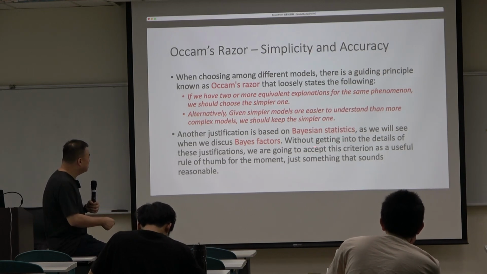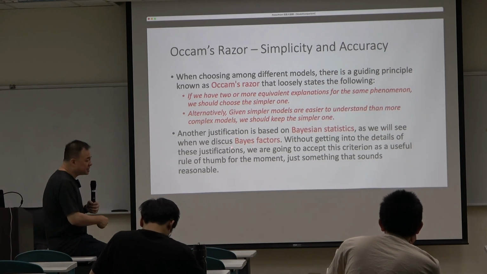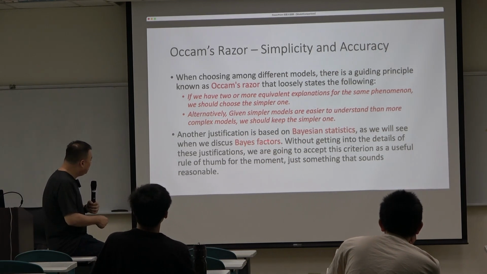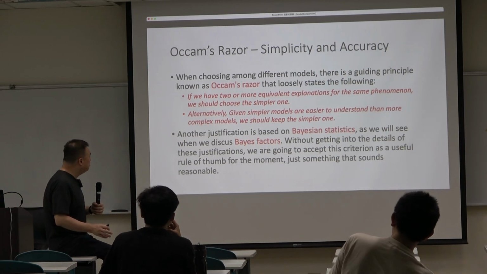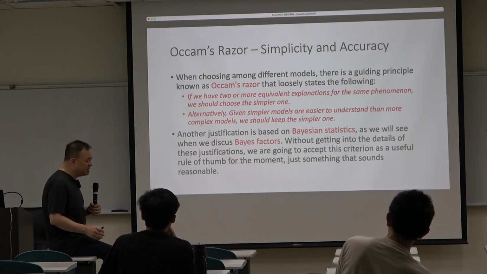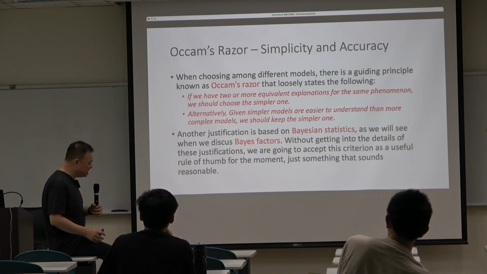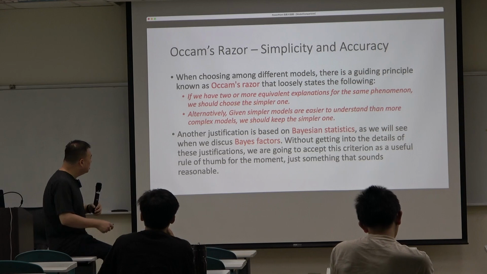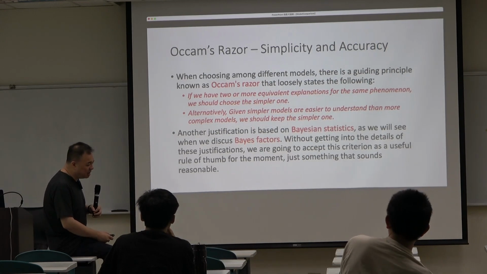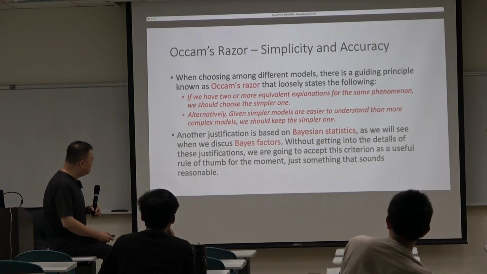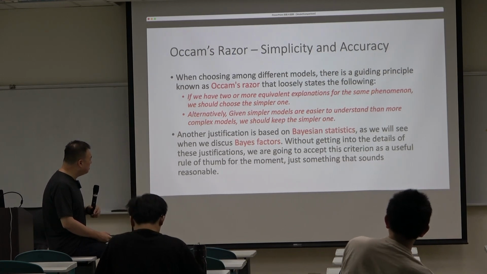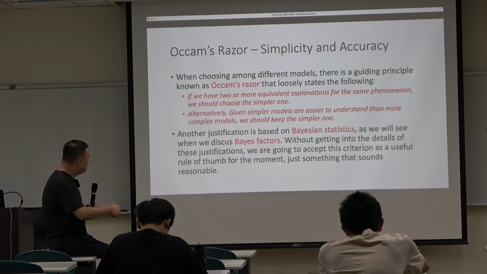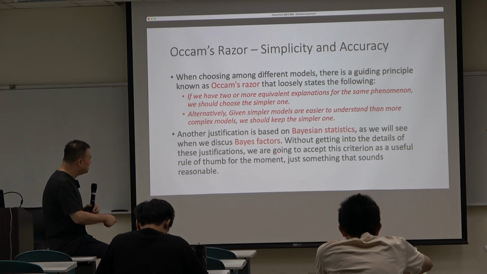Another justification is based on Bayesian statistics, for example, the Bayes factor. We are going to talk about the Bayes factor, but at some point I have to draw a line and stop, because there is a lot of material that is pretty dry in between, before we cover the Bayes factors.